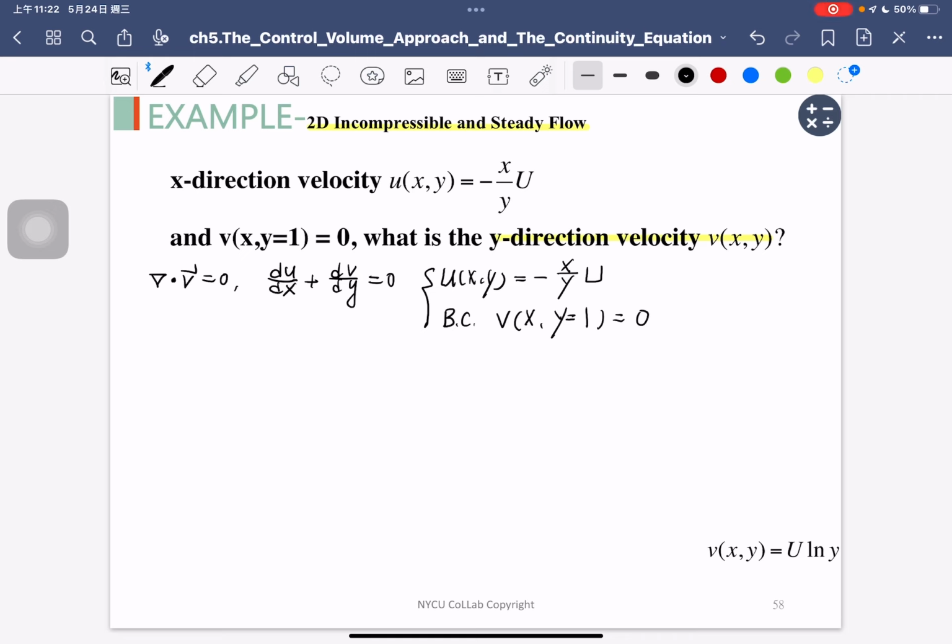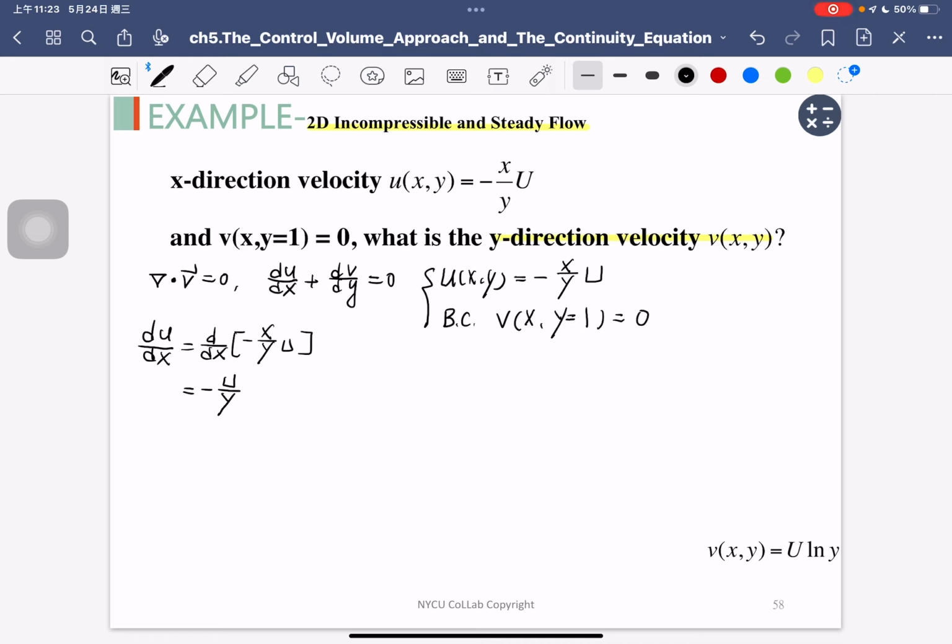So first, we know that du/dx can be written as d/dx of the function minus x, y, and u, and you can calculate the differential with x very quickly. So the final answer is minus capital U over y, right?